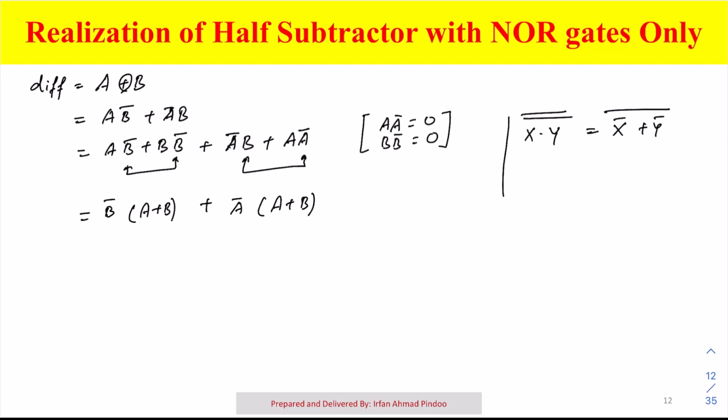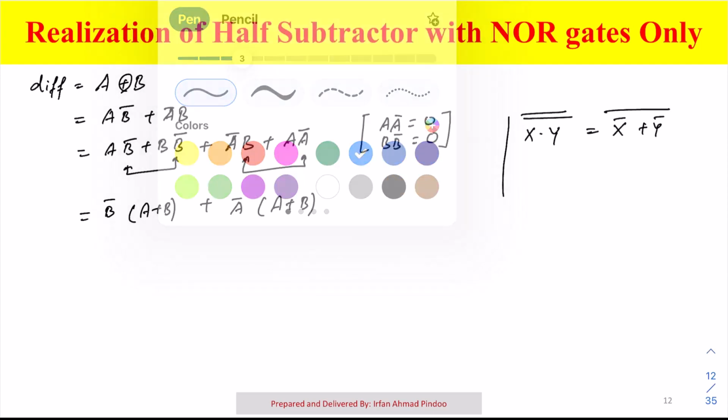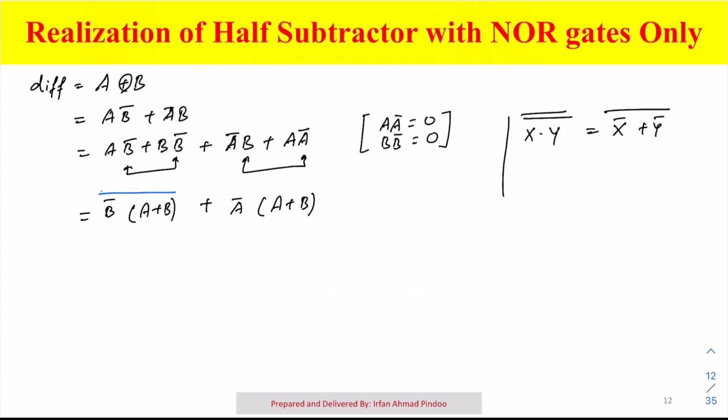Then we have taken things common: from terms 1 and 2, B bar was common, and from terms 3 and 4, A bar was common, so we are getting two different terms. Now let us suppose we add two complements at the top. From the property, if there is a variable and you add two complements, it is the same as the variable, so that is not going to affect our equation.